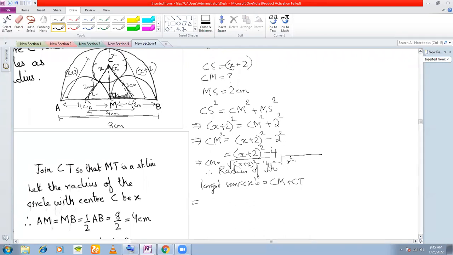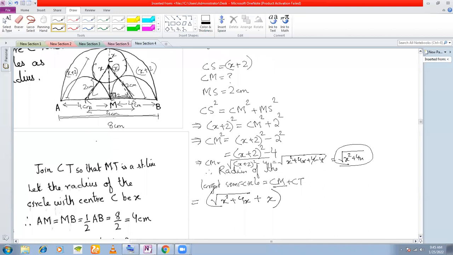X square plus 4x plus 4 minus 4. So you're simply getting the root of X square plus 4x. And what is the radius of this largest semicircle now? CM is root over of X square plus 4x, and CT is X, right?